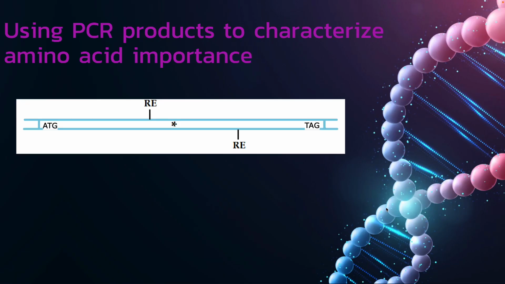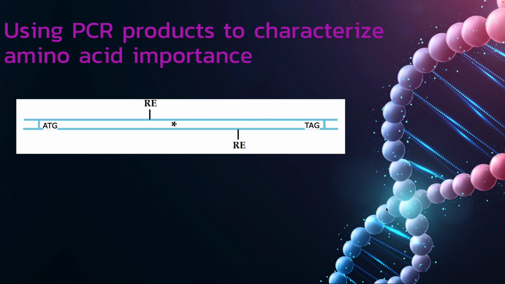Another really cool modification to PCR, so standard PCR is what we talked about in the previous video. We can modify PCR to use our products for cloning by adding restriction recognition sites.